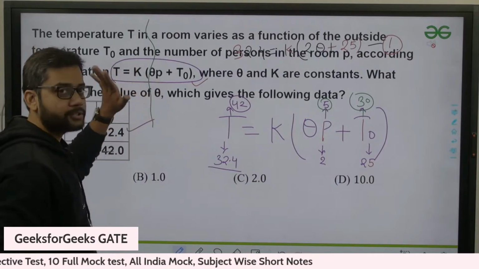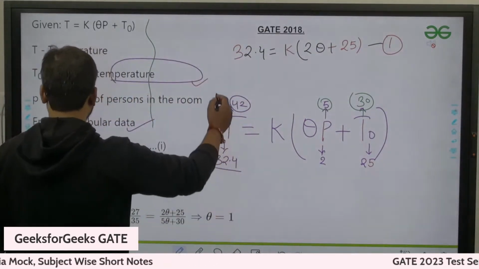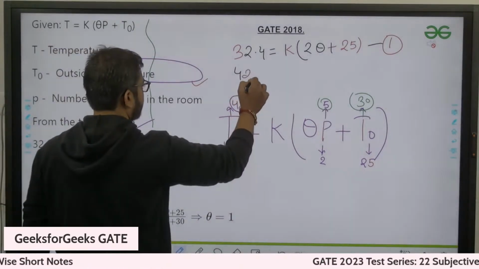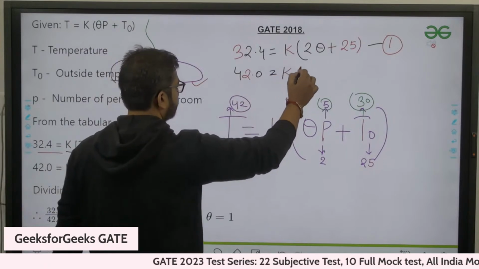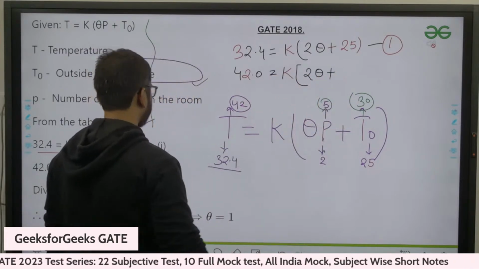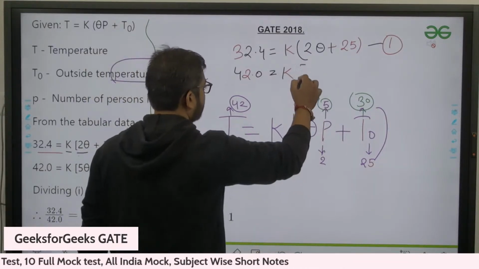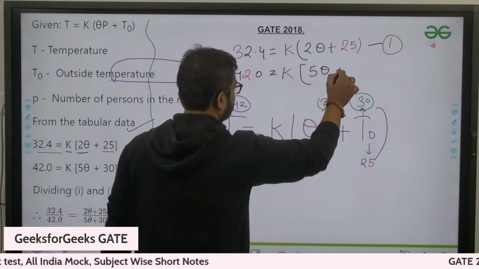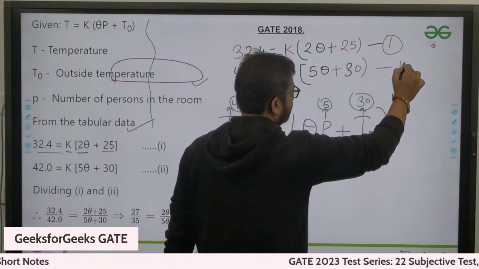So 42.0 is equal to K times 5 theta plus 30. I just put the values in.